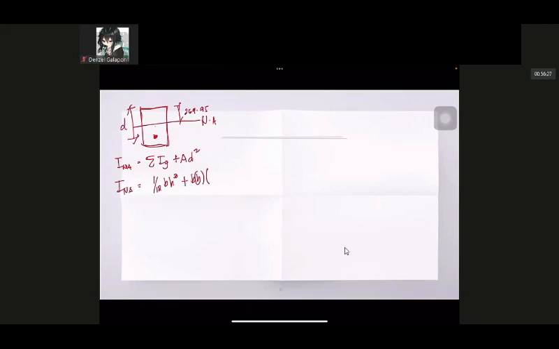Sa gitna, nandito yung h over 2. Sabi dyan is the distance from the centroid to the neutral axis. So how will you solve that? That is x minus h over 2, and this is the distance squared. So this is for concrete.